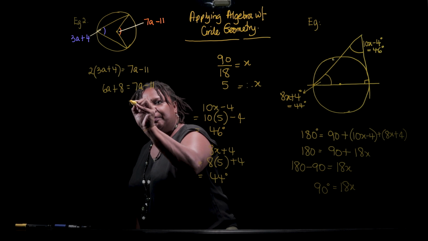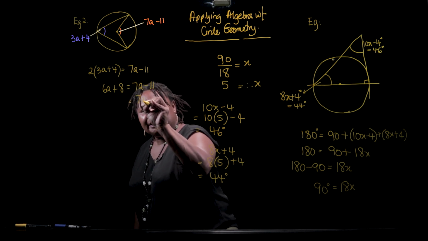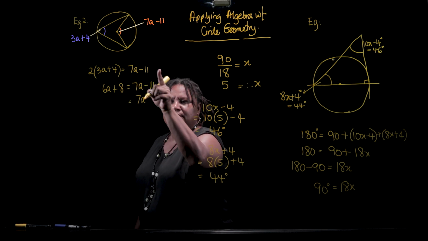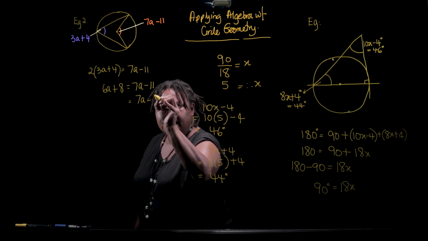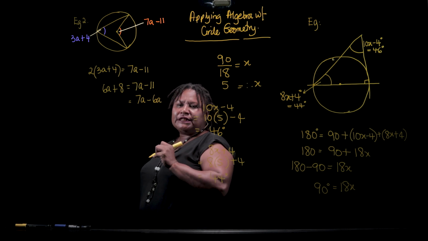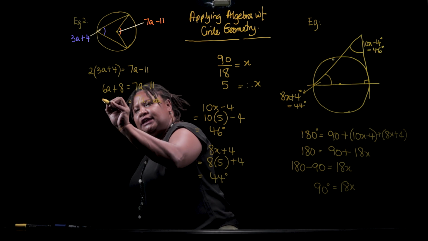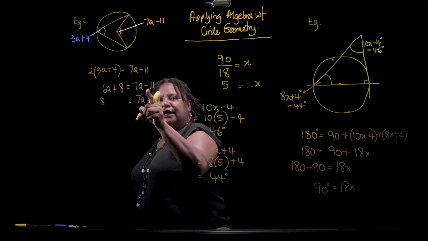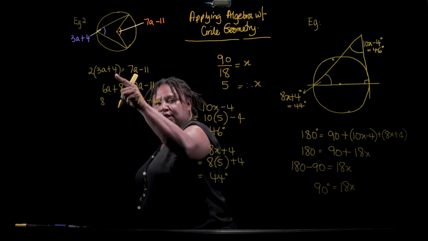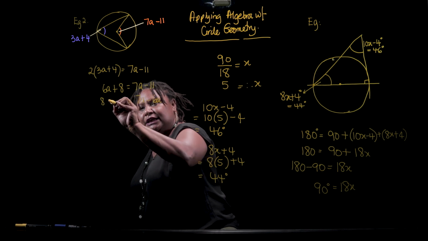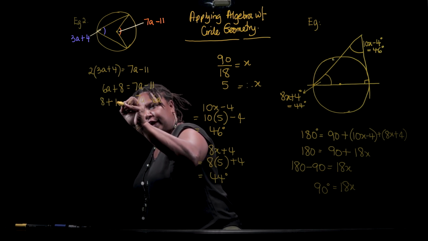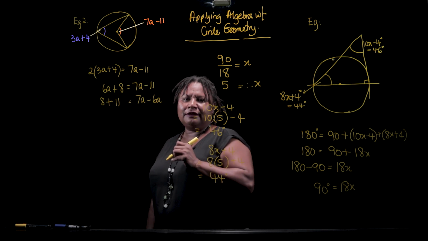So 7a remains. Positive 6a will come across this side and become 7a minus 6a. The 8 will stay here. Negative 11 will move across the equal sign and become its opposite, so we add 11.